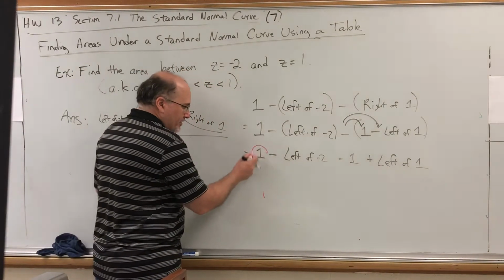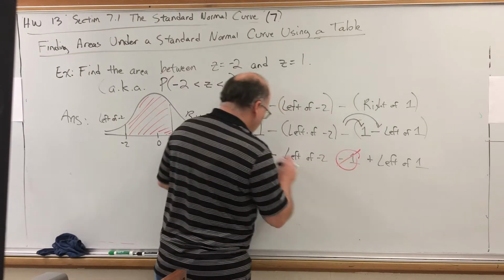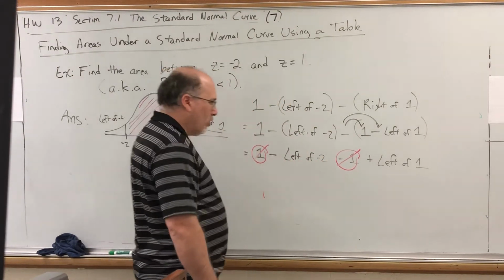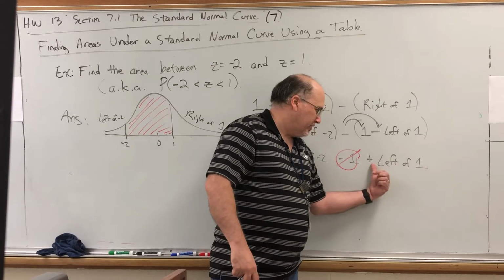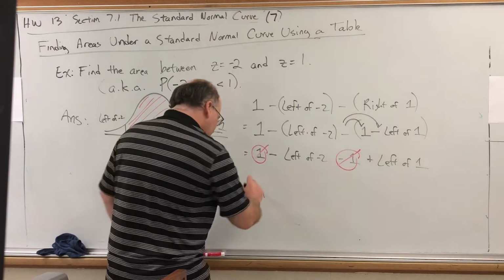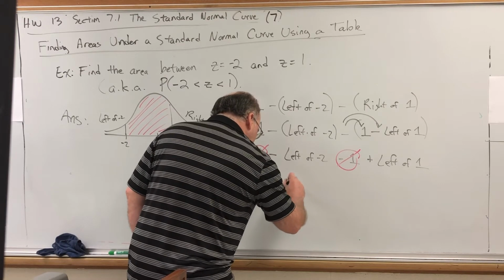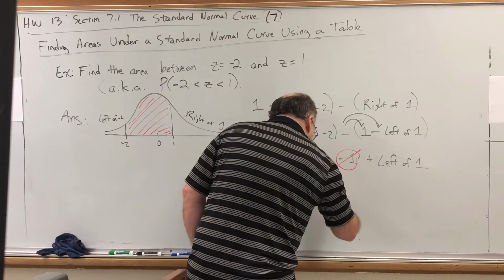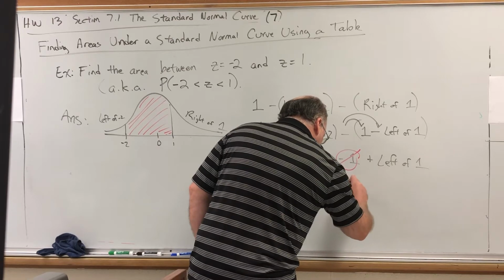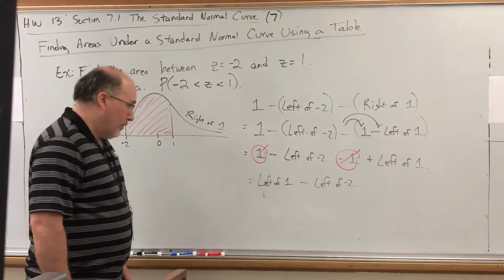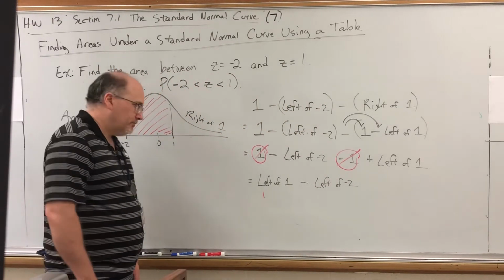In fact, this 1 and this -1 flat out cancel. And I'm going to write this one first because it's positive and this one second. So it's the area left of 1 minus the area left of -2, both of which I can find in my table.